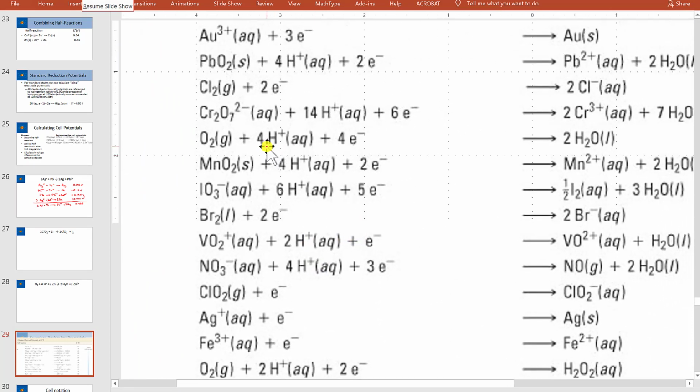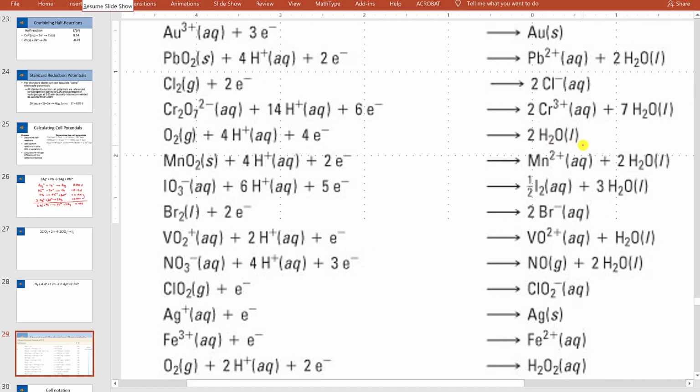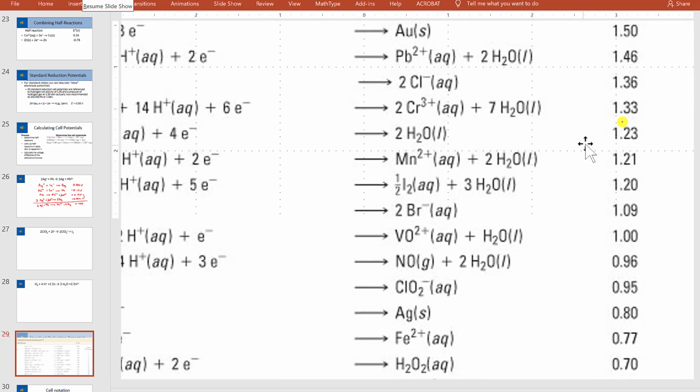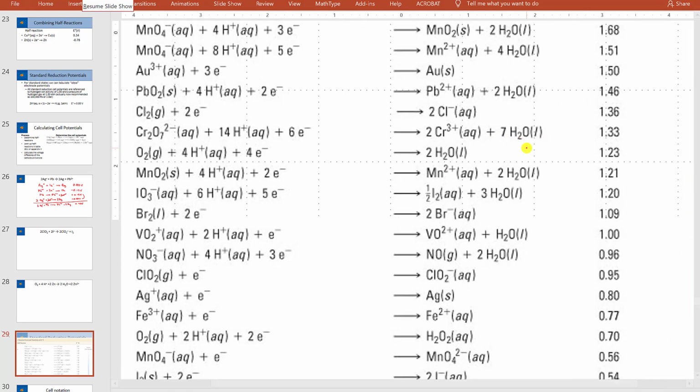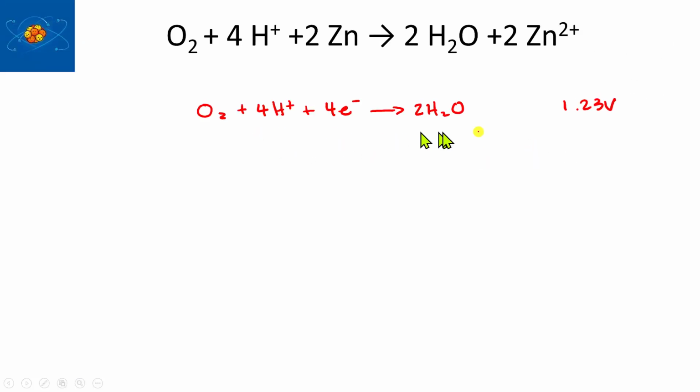Here we go. Look at all the way at the top here. This is O2 plus 4H plus 4 electrons makes 2H2O. So that matches pretty closely. The voltage is 1.23 volts. So there, I've transposed that one over. I'm leaving the states out to be expedient, but you do really need to check those.